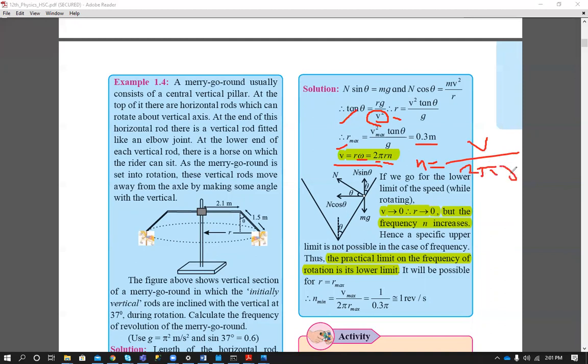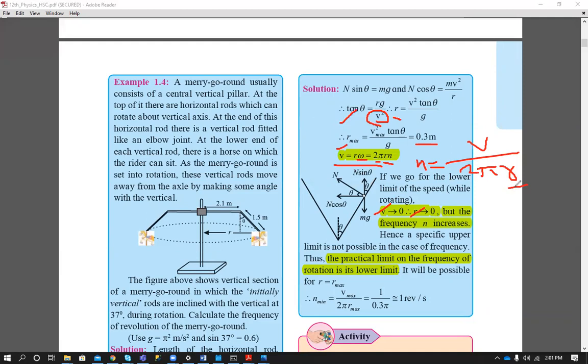So if the radius is small, the frequency will be higher. But if the radius is small, then where do you keep the ball? If velocity tends to 0, the radius tends to 0, but the frequency increases.